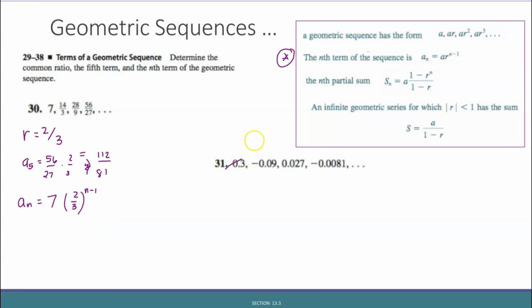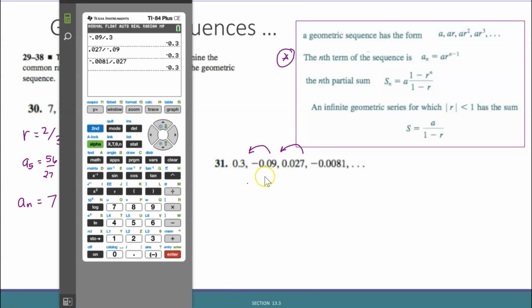Determine the common ratio. To determine the common ratio, we're going to again take a number on the right and divide it by the number on its left. That's going to give us a common ratio. If we take negative 0.09 divided by 0.3, we get negative 0.3.